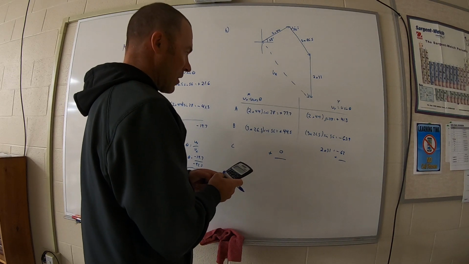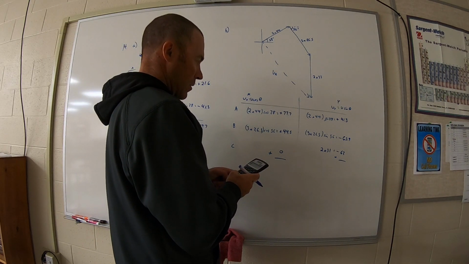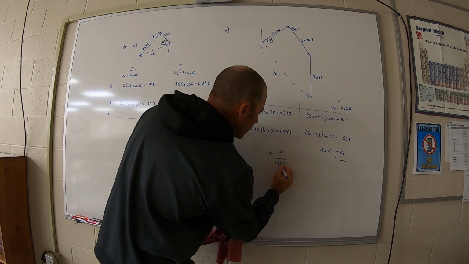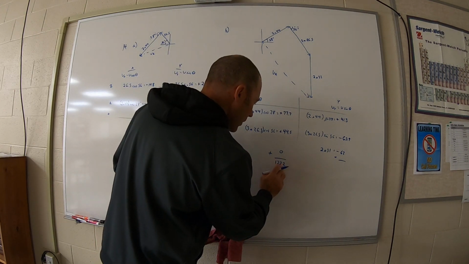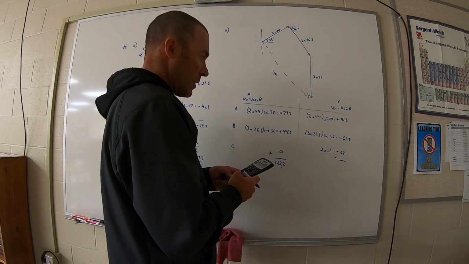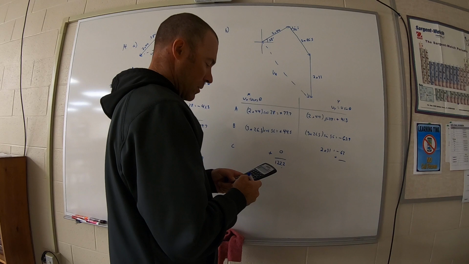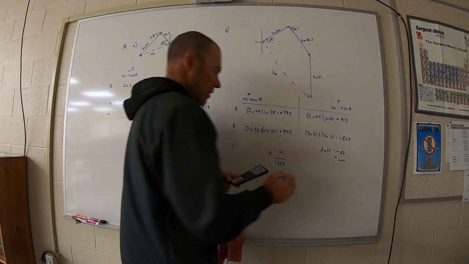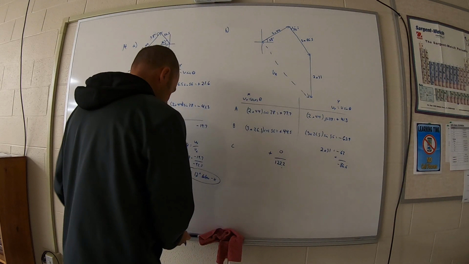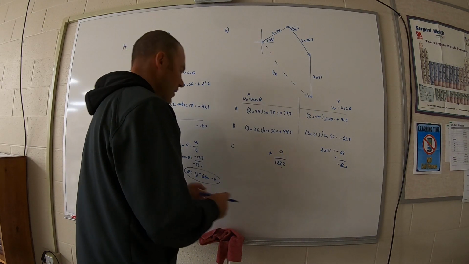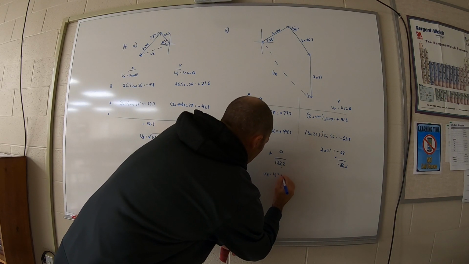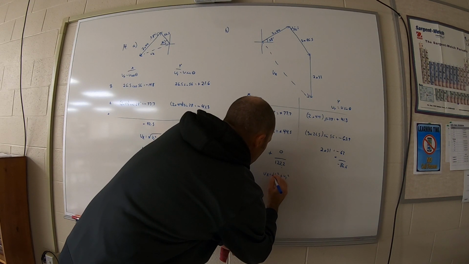So our x components are 122.2 in the x. And in the y, negative 86.6. And then we can say VR is equal to Vx squared plus Vy squared.